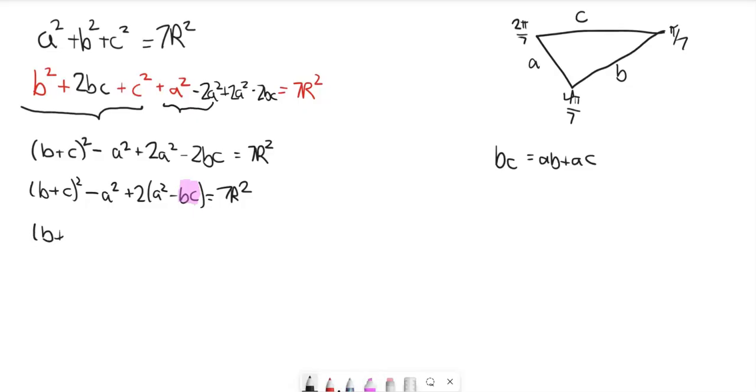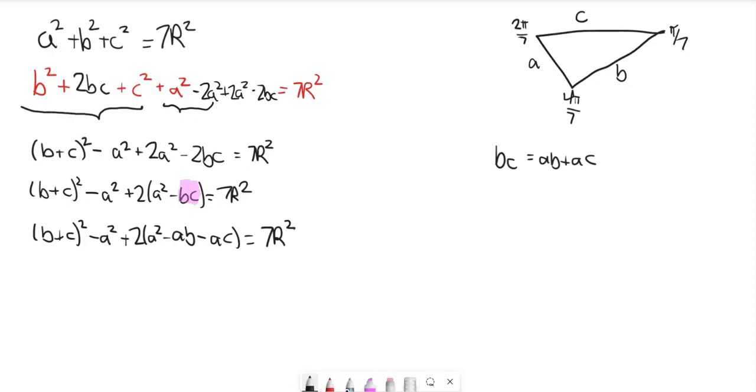I'm going to write it as b plus c quantity squared minus a squared plus 2a squared. Now I'm going to have to do a negative here because I have a positive version. So it's going to be minus ab, minus ac equals 7r squared. Make sure I had that written down correctly.